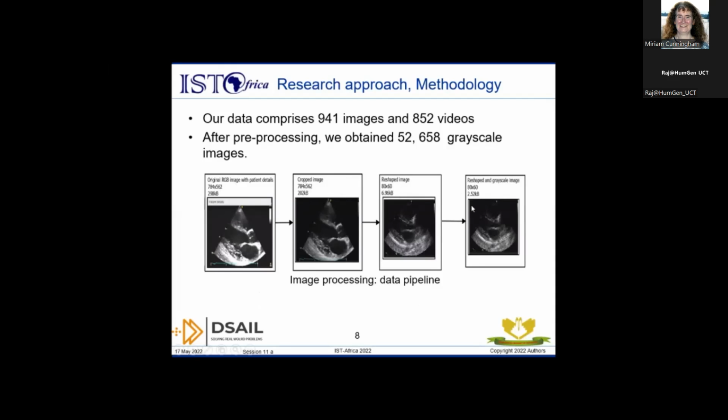And finally, we changed the images to grayscale. As you can see throughout this process, we've reduced the size of the image, and we've also obtained 52,658 images, which are enough to train and test our machine learning model.